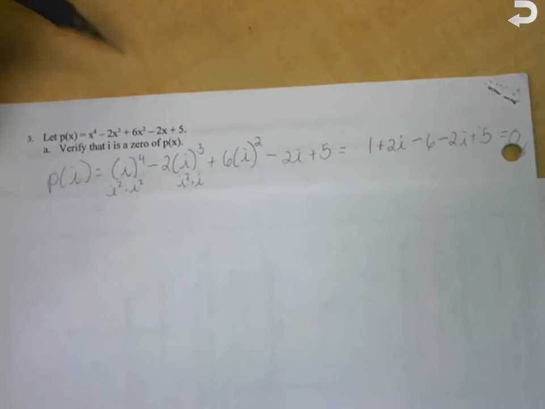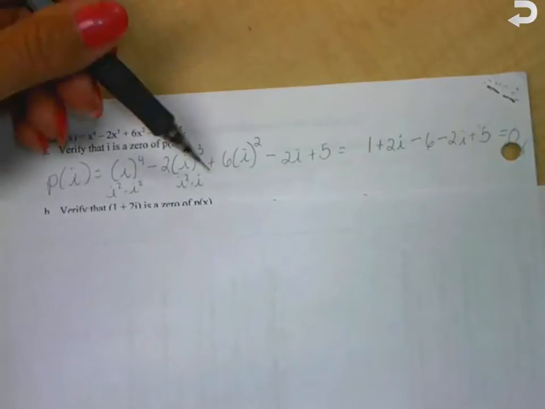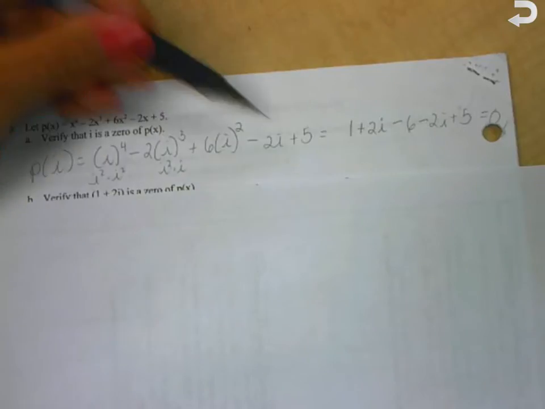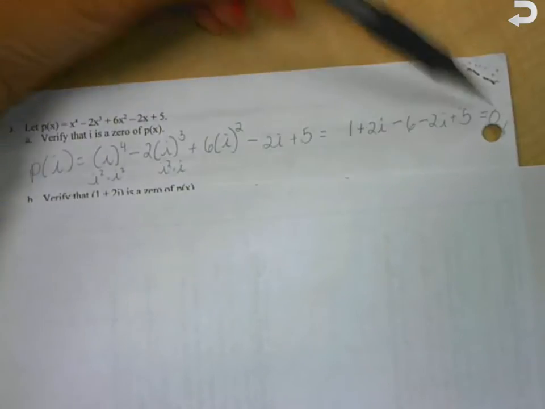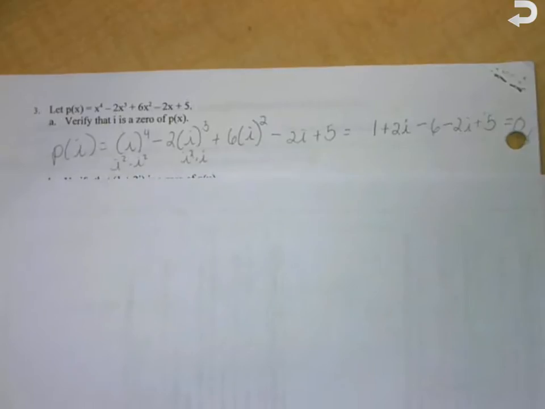If I know I have one zero that has an imaginary part, then its complex conjugate will also be a zero. I showed some work here on doing the simplification out to show that i is in fact a zero of this polynomial. When I plugged it in and simplified out, I got 0 for my expression. So i is a zero.